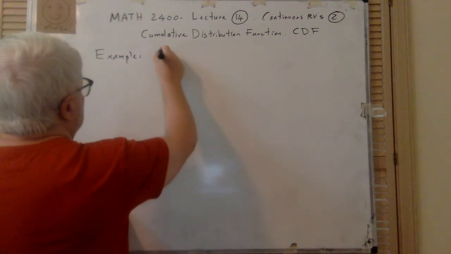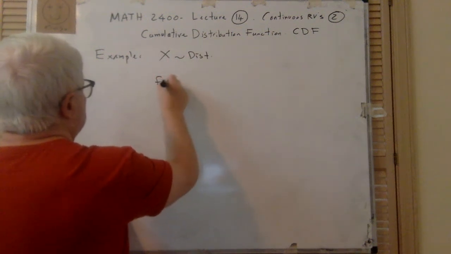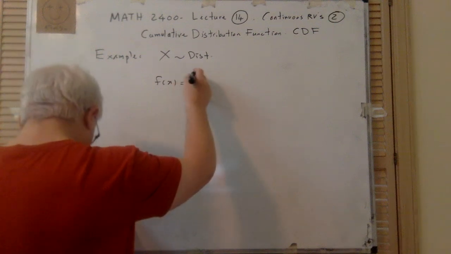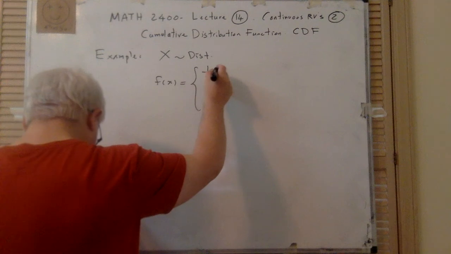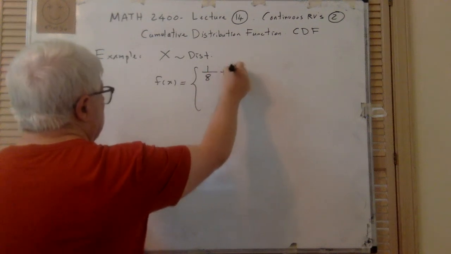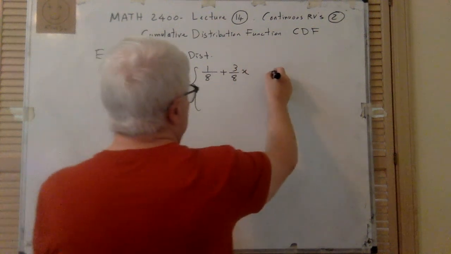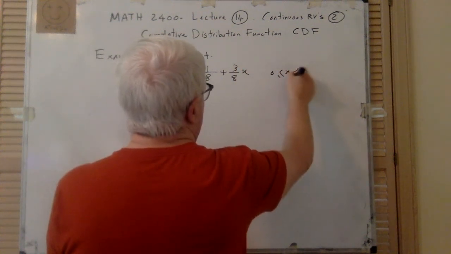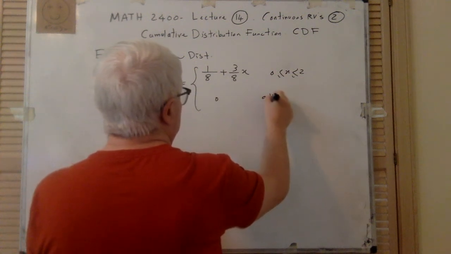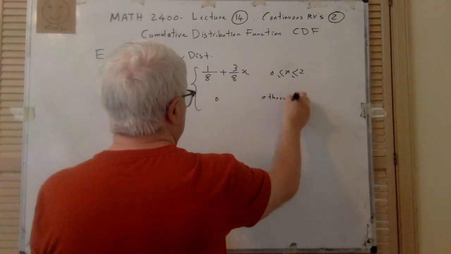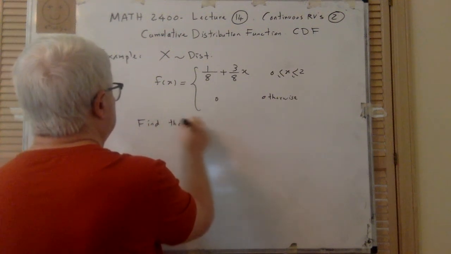It says that X is some distribution and f(x) is 1/8 on some interval up to 2, and 0 otherwise. Find the CDF.